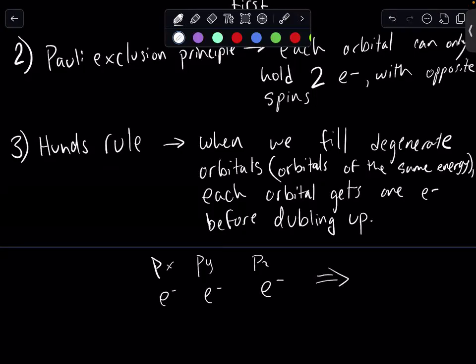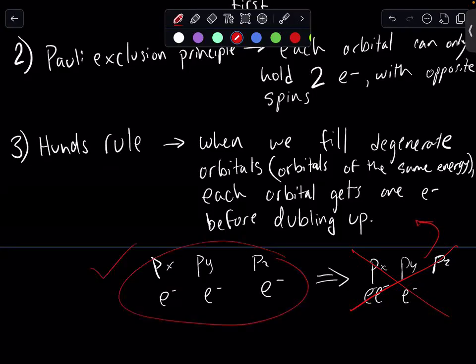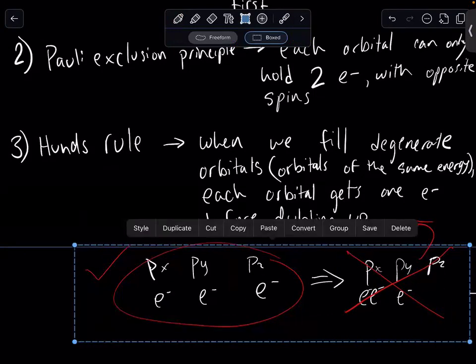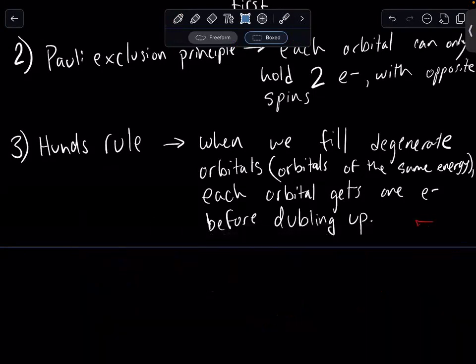We would not have, in the same case, one electron, two electrons, three electrons in one. This is breaking Hund's rule, so we don't have that. We like to do one first. All right. So with all that, I'm just going to delete this because we don't actually need it, and we will get on trying these things out.